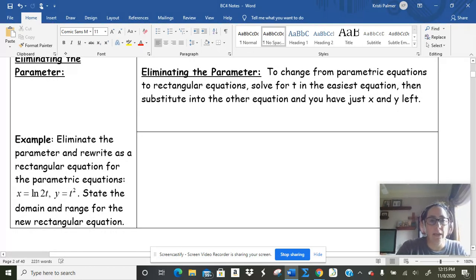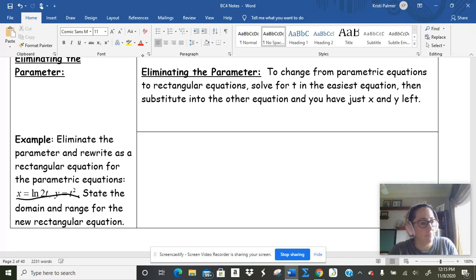All right, eliminating the parameter. A lot of times you want to go from parametric form here, and we want to get it into rectangular form. So all you need to do is solve one of these for t. So I can either solve for t in this one, or I could solve for t in this one.